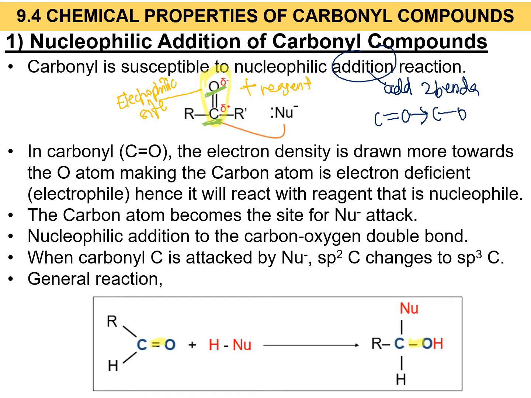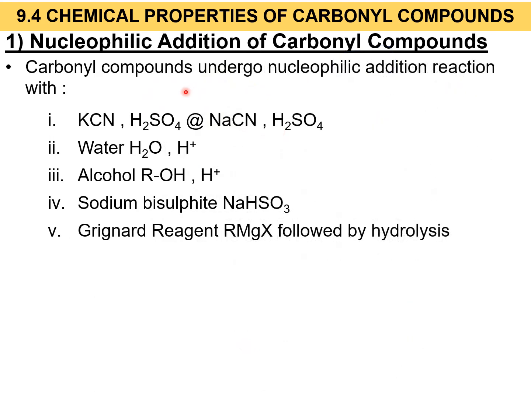Because kita add dua benda. Kita add dekat carbon, kita add dekat oxygen. Okay, kat carbon ni dia akan dapat that nucleophile. Dekat oksigen ni dia akan dapat the hydrogen. Okay, sebab itulah daripada double bond dia jadi single bond. Alright, so basically carbonyl compounds dia akan undergo nucleophilic addition with some of these nucleophiles.